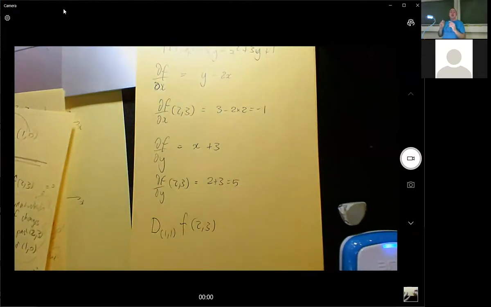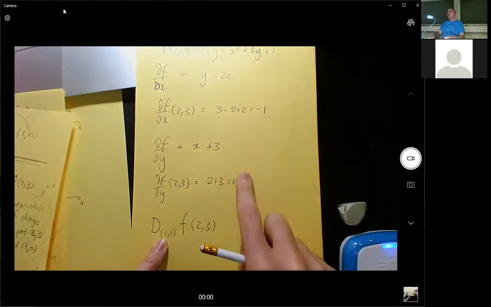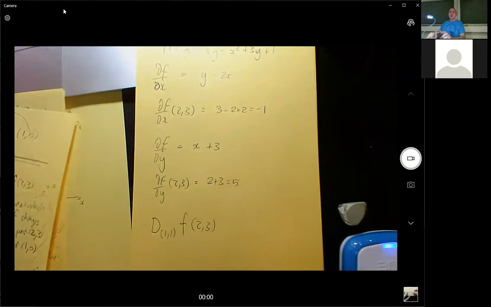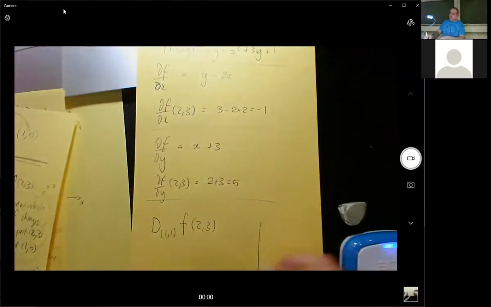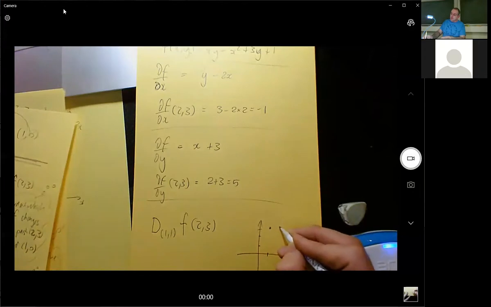And so I need to figure out how much I'm going in the x direction and how much I'm going in the y direction. And it's the same for both for this one. And so it'll literally be -3 times something, because what I want to make sure, I'm just going to draw something. This is where I am. If I'm going the direction (1, 1), that's this.